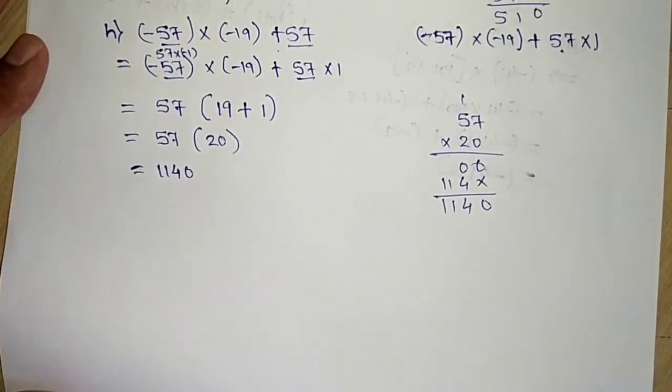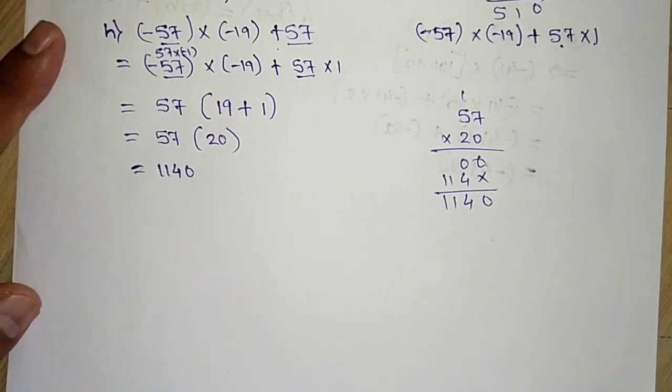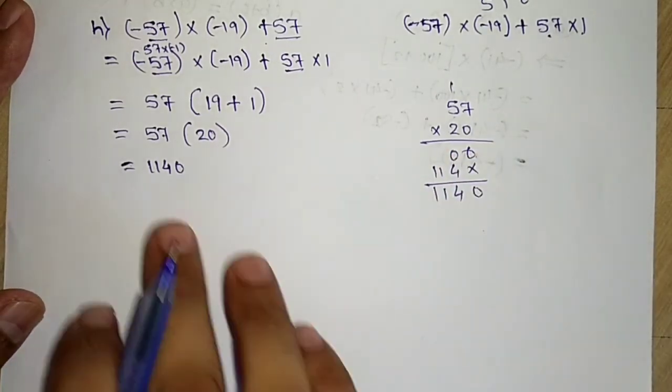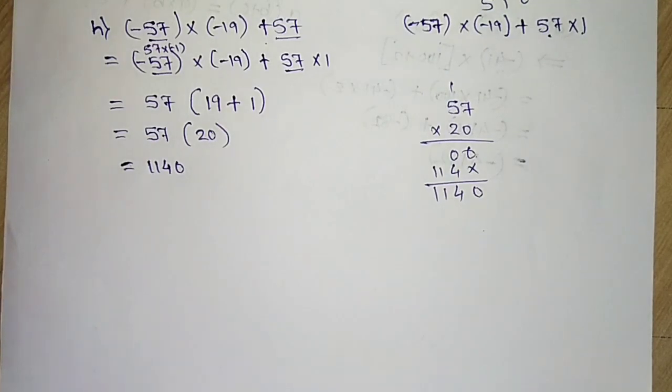Very easy calculation, students. You must also try to multiply the same way. Don't use the traditional methods. Multiply it directly. This will take some time, but if you practice it properly, you will understand how to solve.